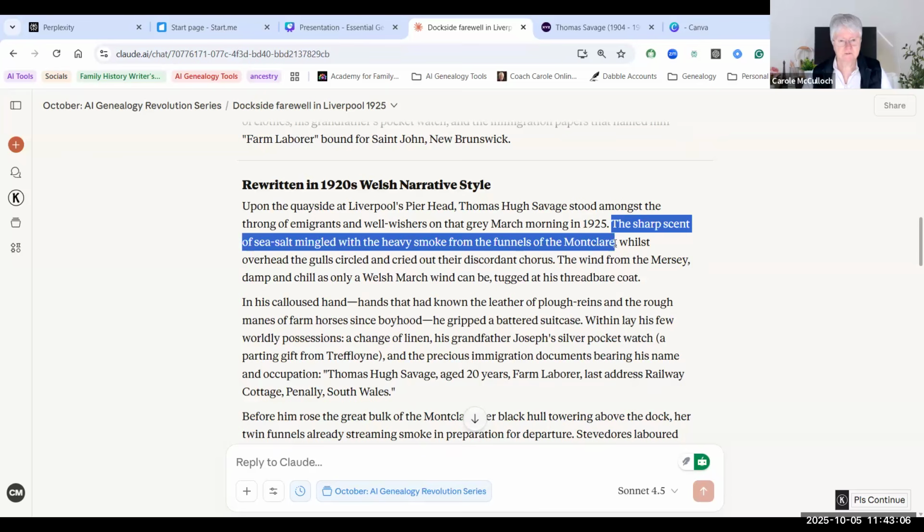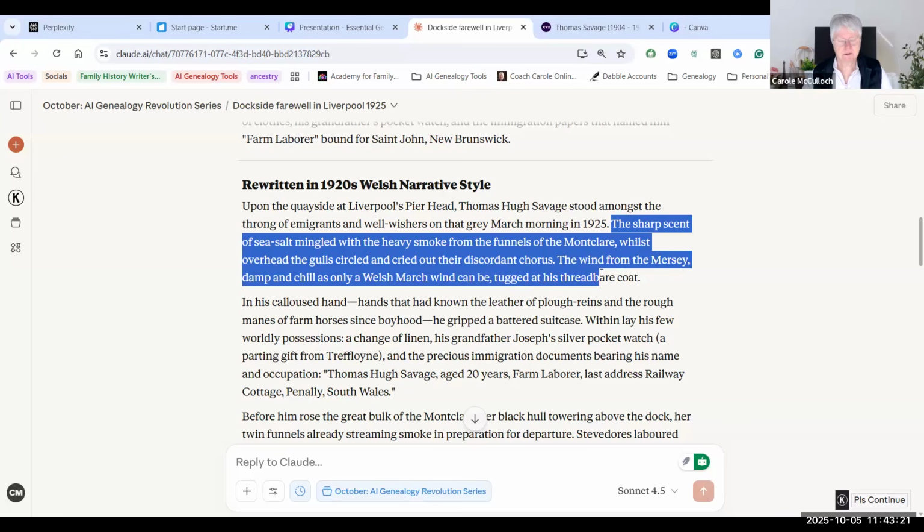The sharp scent of sea salt mingled with the heavy smoke from the funnels of the Montclair, whilst overhead the gulls circled and cried out their discordant chorus. The wind from the Mersey, damp and chill, as only a March wind can be, tugged at his threadbare coat. I would get rid of the word Welsh there because we're now in England.